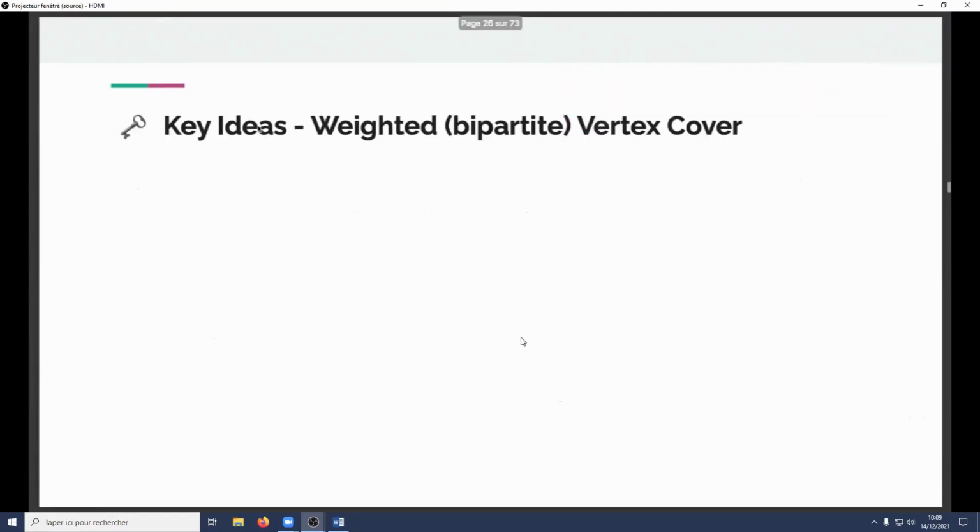All right, so let's start with the ideas how we get our results for the vertex cover. So I guess many of you know Kőnig's theorem, which provides a constructive proof of how to get from a maximum matching to a minimum vertex cover in bipartite graphs.